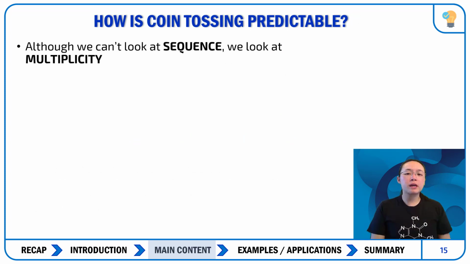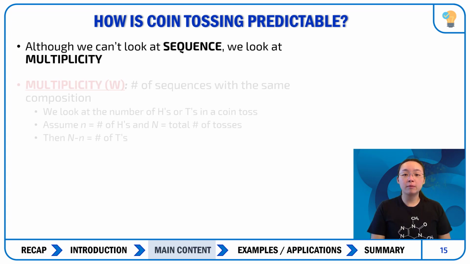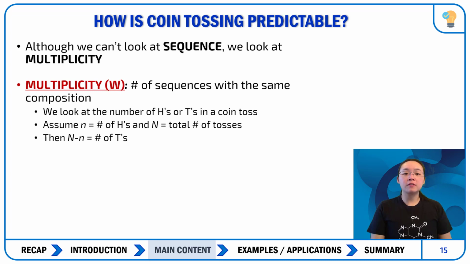But the question is, how can we quantify this? We can now define multiplicity, W, as the number of sequences with the same composition. So looking back at our coin toss model, we chose little n to be the number of H's, and let's choose capital N to be the number of tosses.